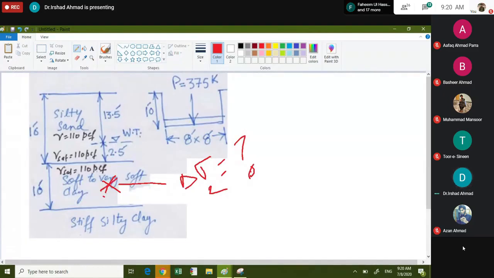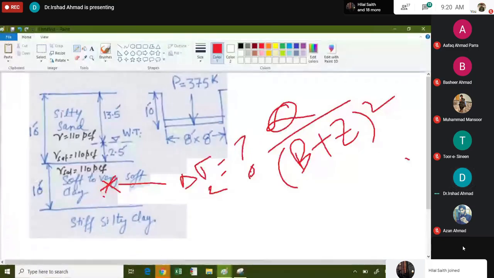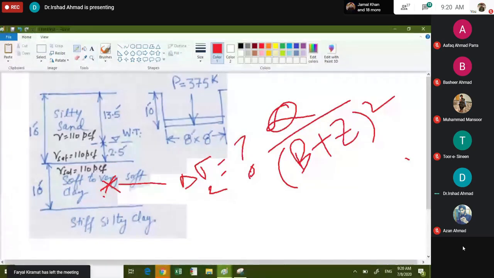At the middle of the clay layer, उसकी क्या value आती है? ठीक है ना. मिस इकरा आप बताएं, व्हाट इज द वैल्यू ऑफ z?